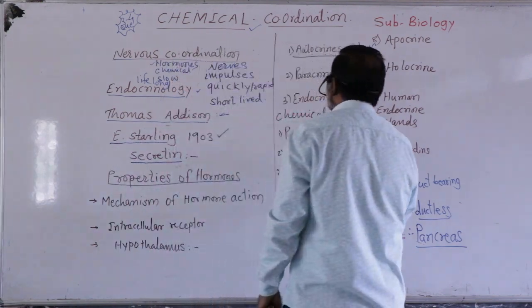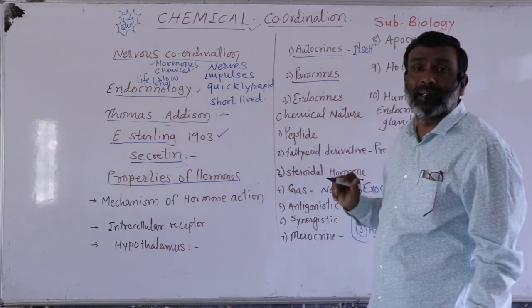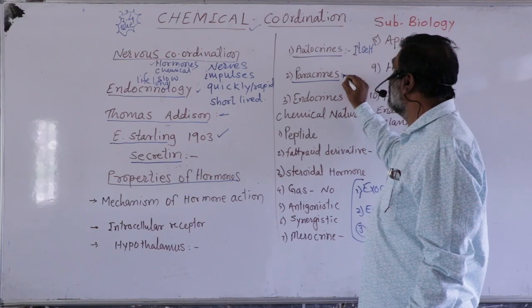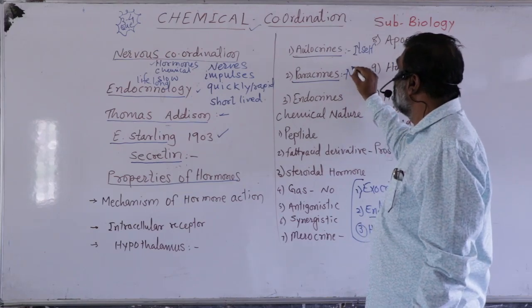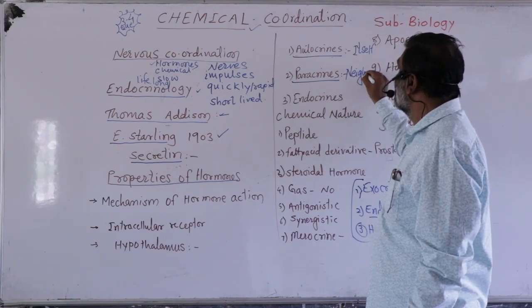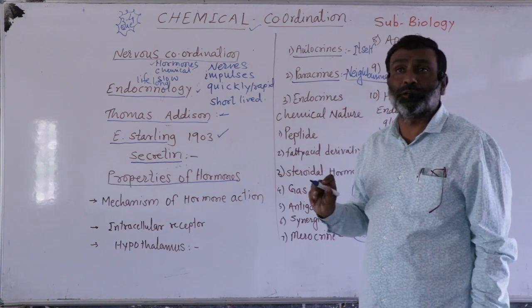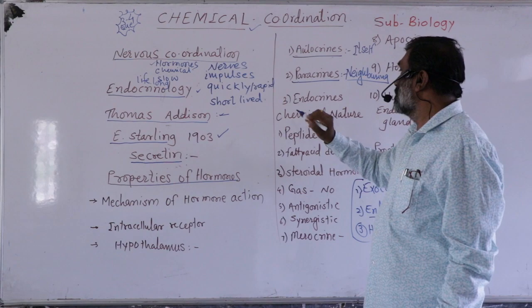Secondly, there are certain glands whose secretions stimulate neighboring cells. So neighboring cells get stimulated by the paracrines.